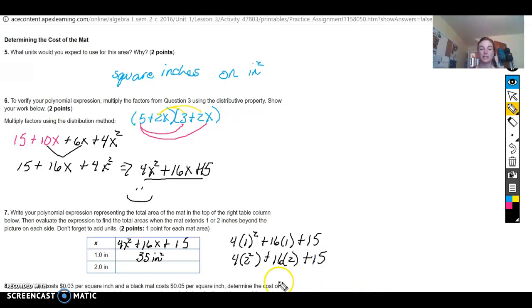So that mat is going to get quite a bit bigger just by increasing x by 1. So 4 times 4 is 16, and 16 times 2 is 32, so 32 and 16 is 48, and 48 and 15 is 63 inches squared. Okay, so that gets us through number 7.